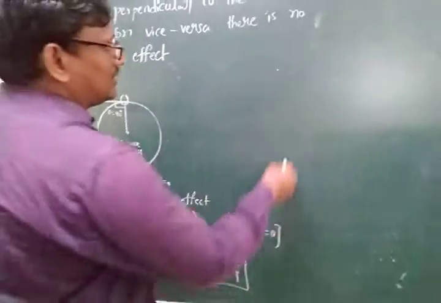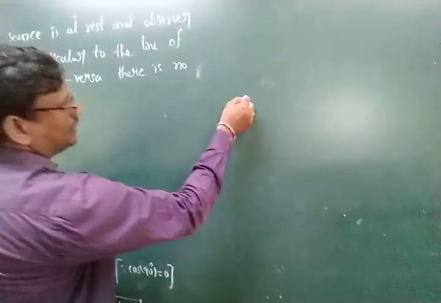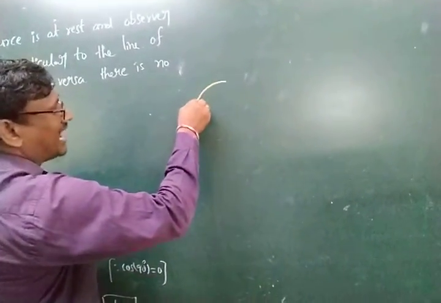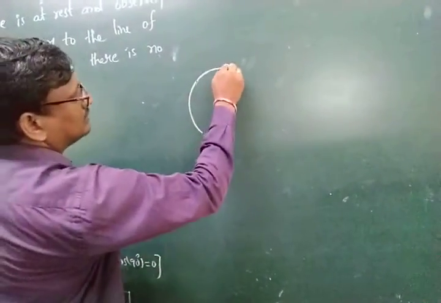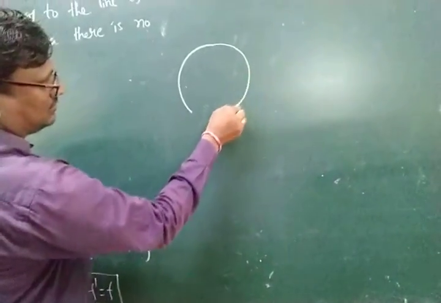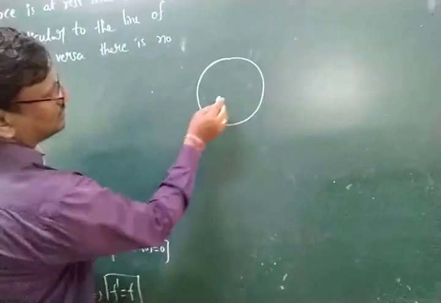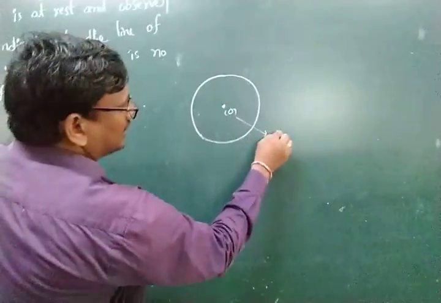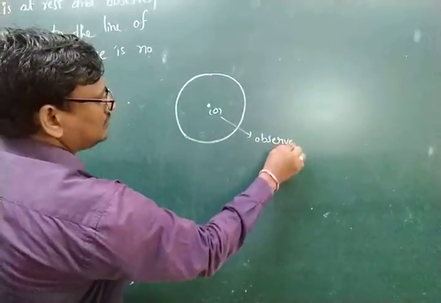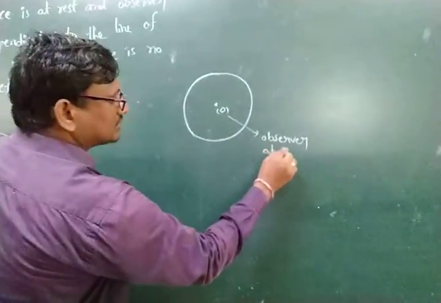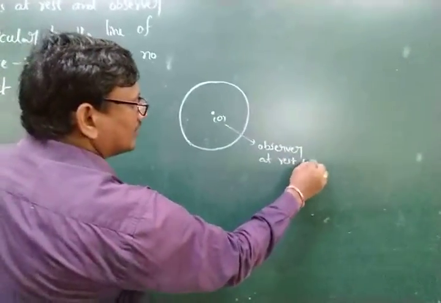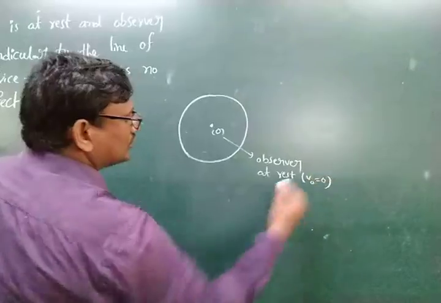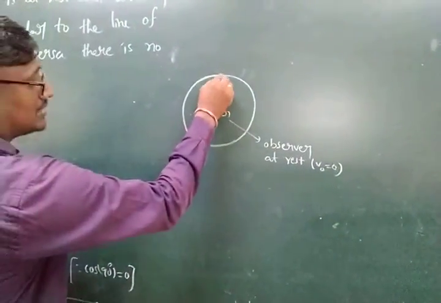Similarly, we discuss the case where the observer is at rest. So this is the circular path. At the center we consider the observer. Observer at rest: rest is nothing but V naught equal to 0, and the radius is r.